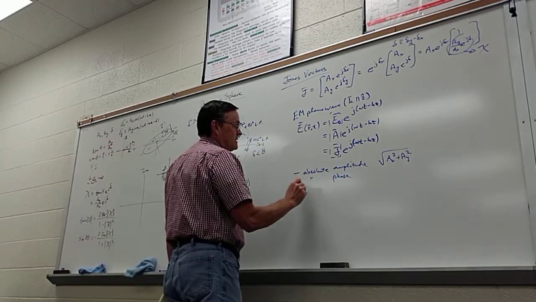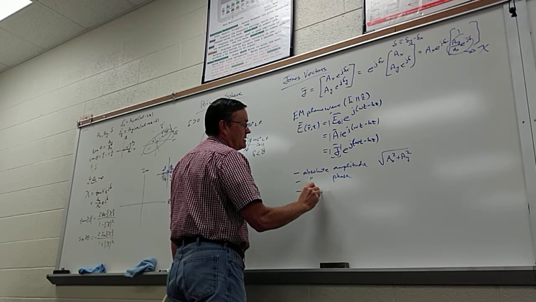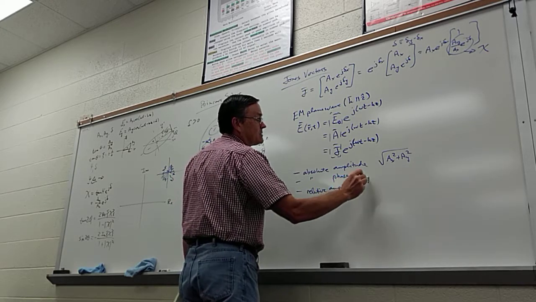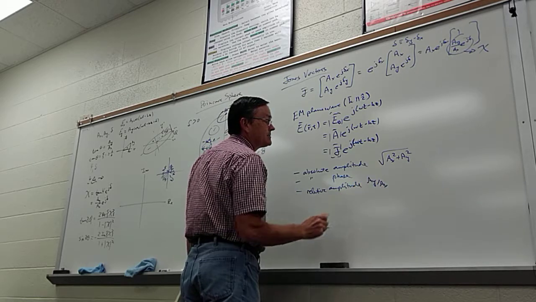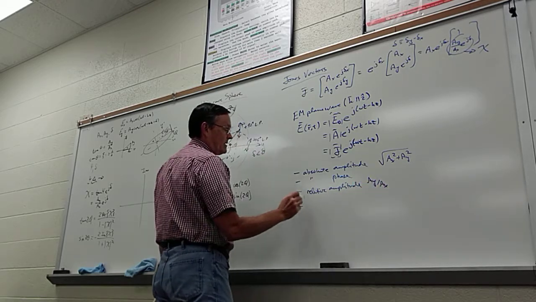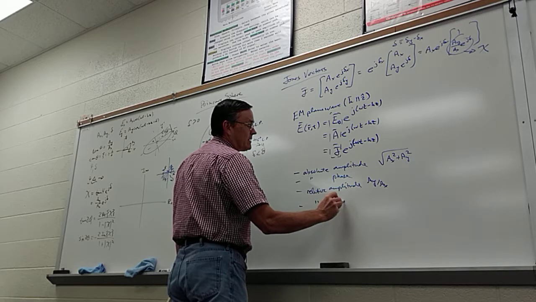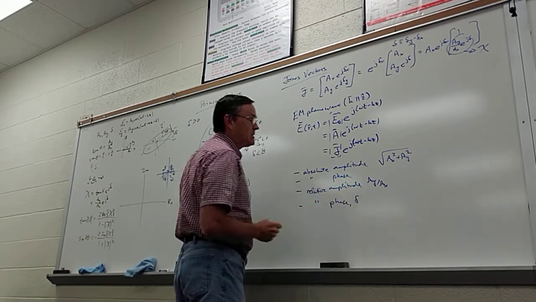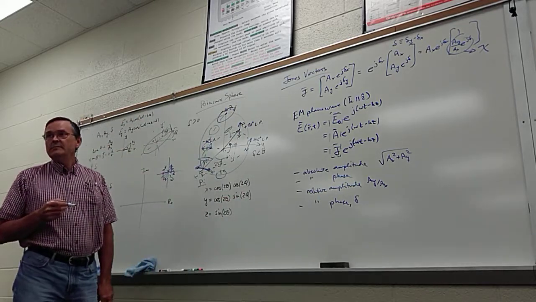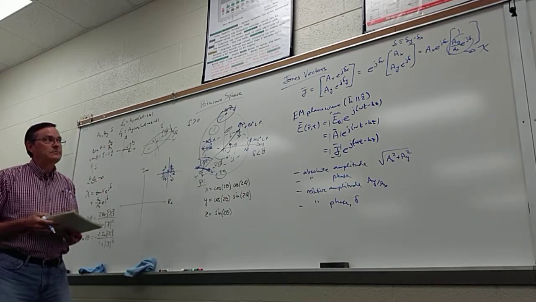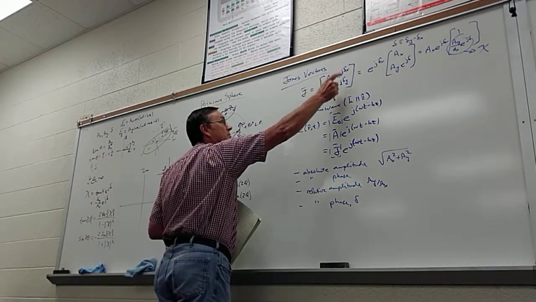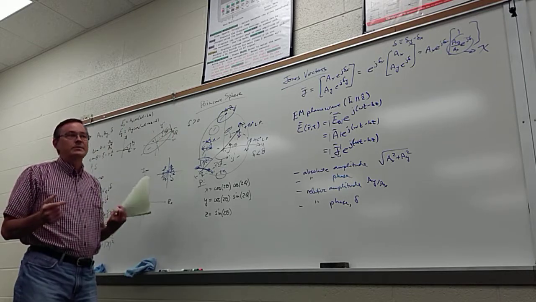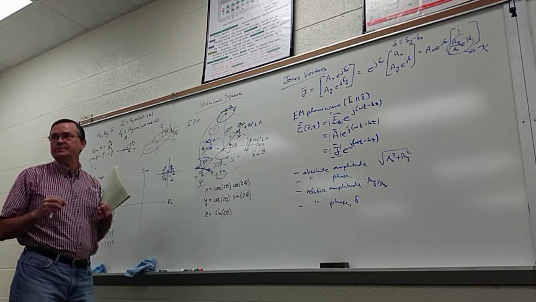It also has the information of the relative amplitude, which is basically ay over ax. And it has the information of the relative phase of the y to the x component, which is delta. So these four pieces of information, we can think about it in this way: absolute phase, absolute amplitude, relative phase, relative amplitude.